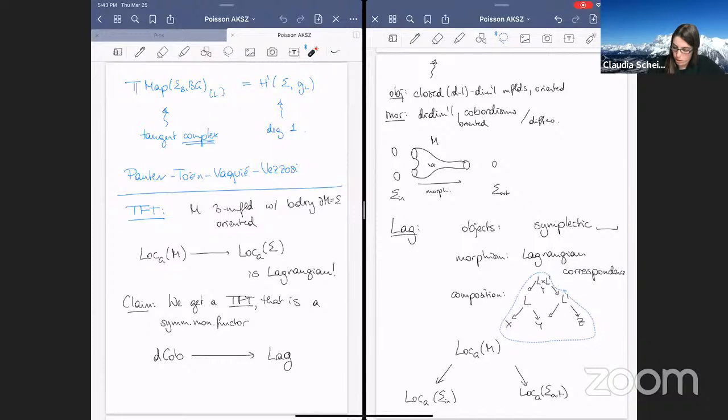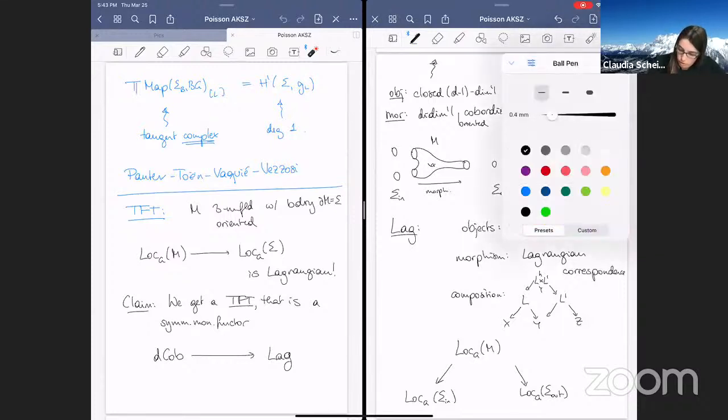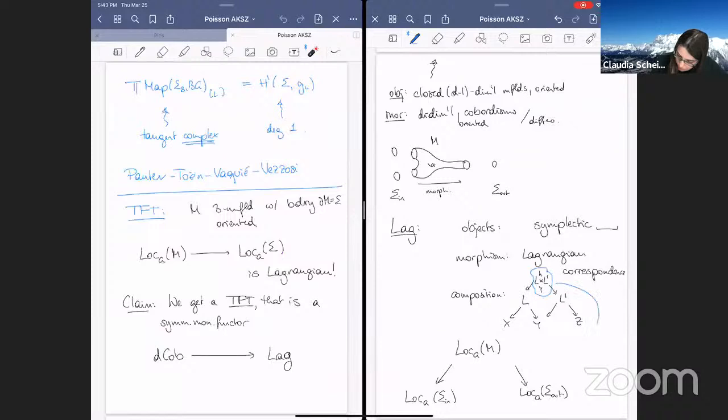It won't always be a Lagrangian correspondence anymore. And that's the convenient thing here about derived algebraic geometry. In derived algebraic geometry, we put a little h over it. So here, we're taking a derived intersection, a homotopical version of an intersection, and then this always works in this derived algebraic geometry setup.